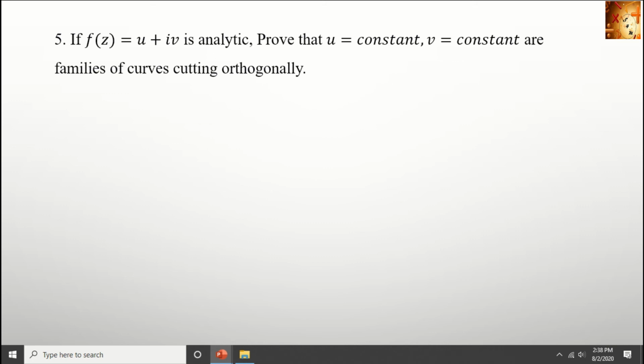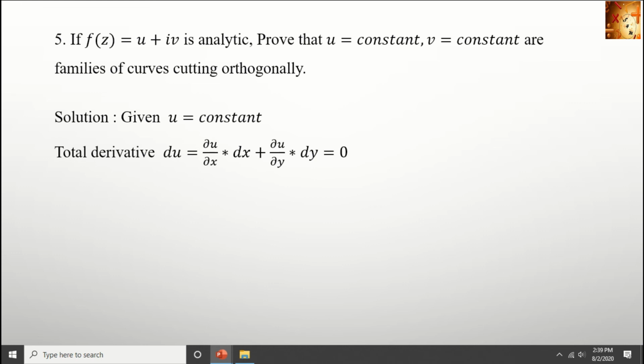What does orthogonally mean? The two curves cut perpendicular, that is at 90 degrees. So it is enough to show that the product of the slopes of these curves equals minus 1. First of all, I am taking the curve u equal to constant.